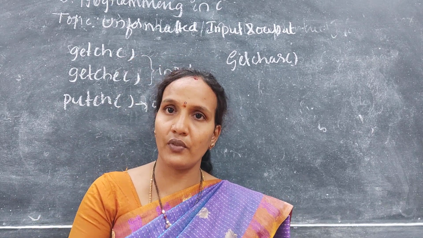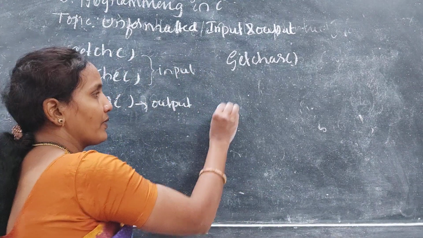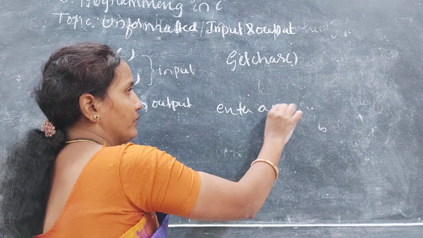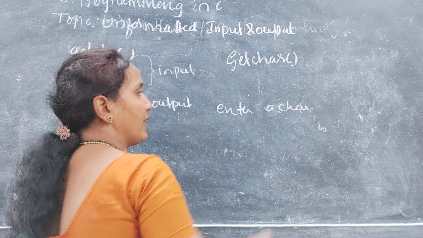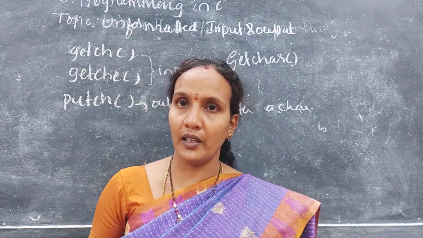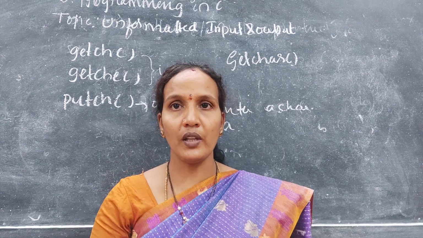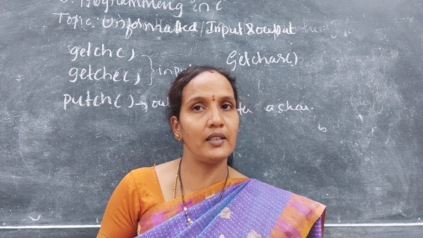Then what is the difference? Getchar means, for example, you are entering a character, I have entered a. Then you need to press a key from the keyboard to move to the next line. It will stop reading input only when you press a key. That is getchar.